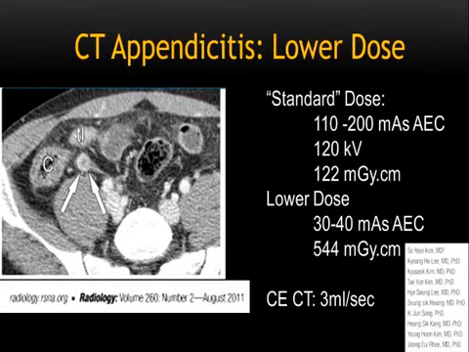CT for appendicitis. Now, there are a lot of people who have reported that, well, this needs to be a very low dose exam and all that, especially papers coming from Europe and from Asia, which have reported rock bottom doses that are even lower than some of the kidney stone doses. The reason being that this exam gets done not so infrequently in very young patients. Right? Our protocol at Mass General is pretty straightforward.